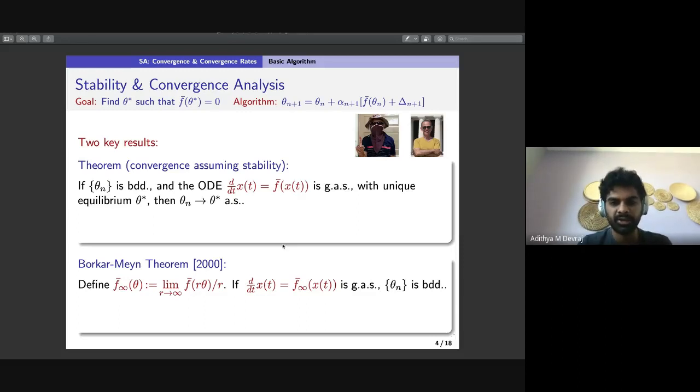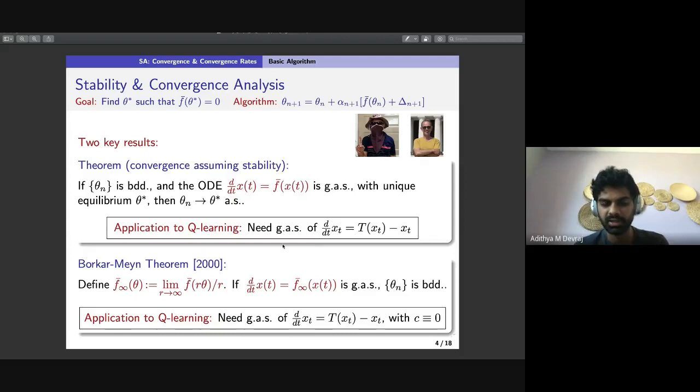And quickly, this applies to Q-learning in the following form. For Q-learning, what you have to show is the global asymptotic stability of this ODE. Again, recall that T is the dynamic programming operator, and the fact that this operator is a gamma contraction, where gamma is the discount factor, will establish the stability of this ODE.